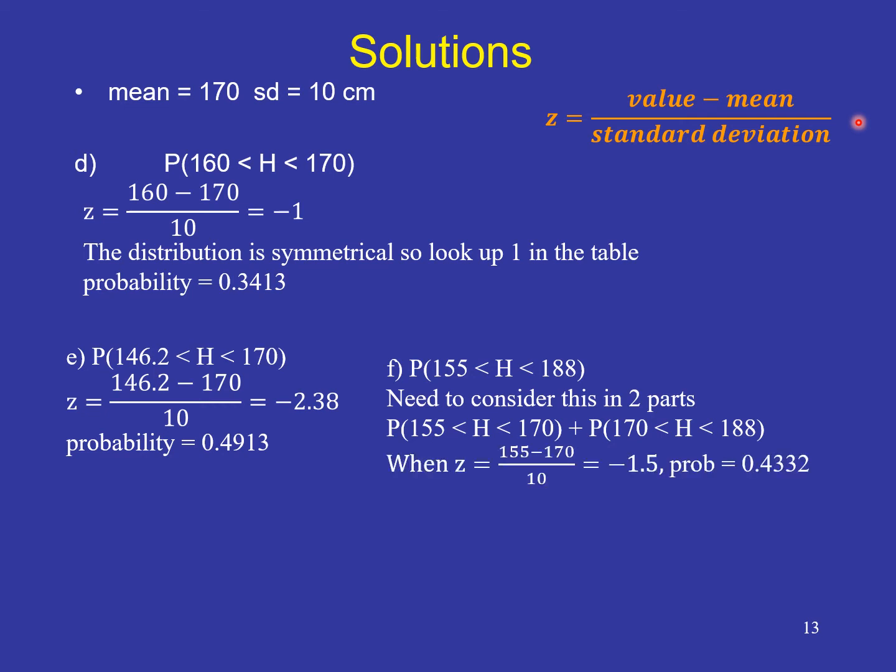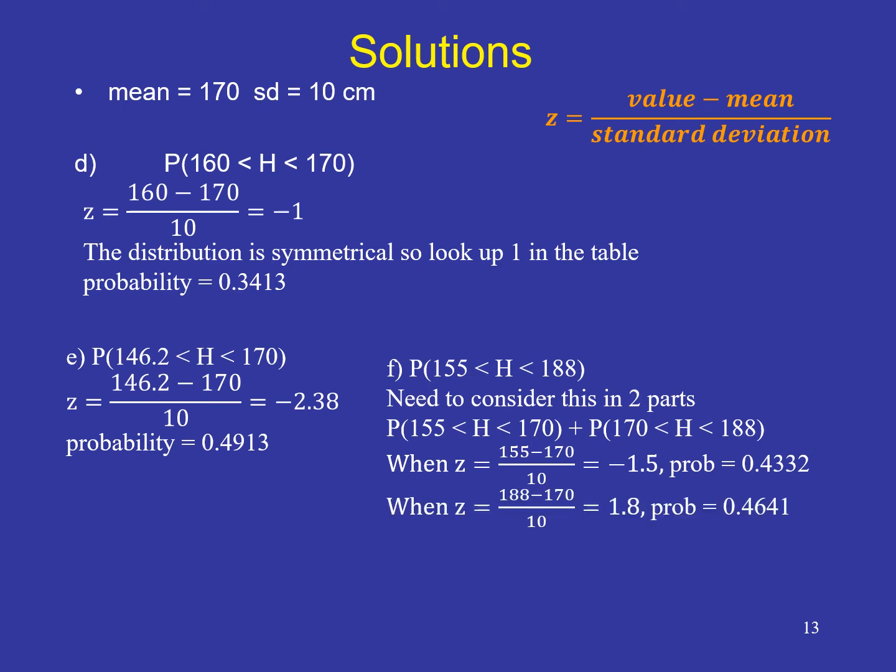Looking at the first part, we stick the values into our formula. We get a Z value of minus 1.5, which means 155 is 1.5 standard deviations below the mean. We look at 1.5 in our tables, and it gives a probability of 0.4332.